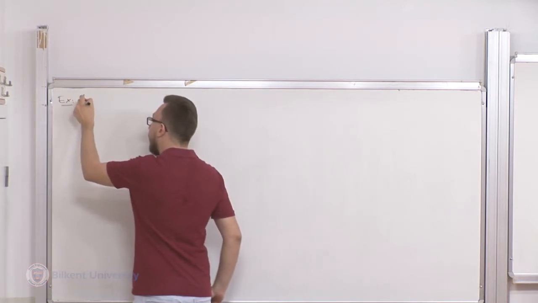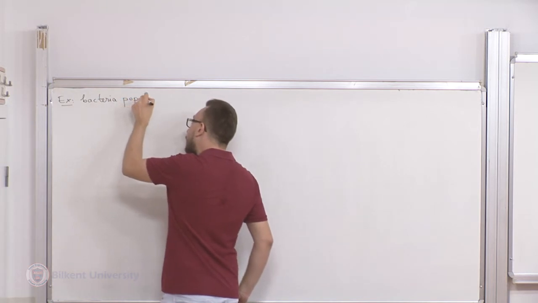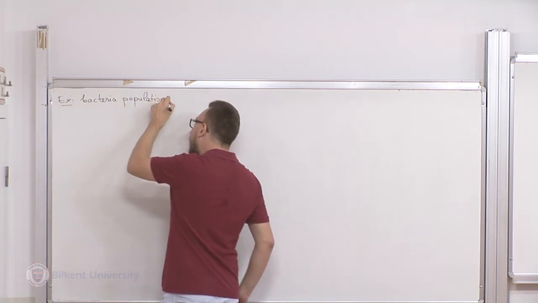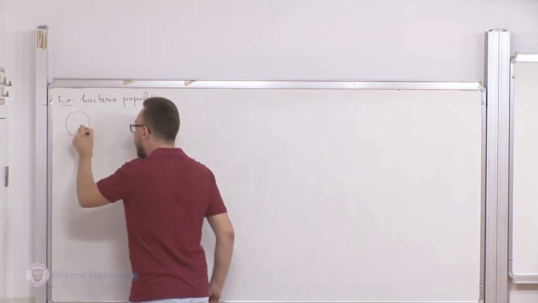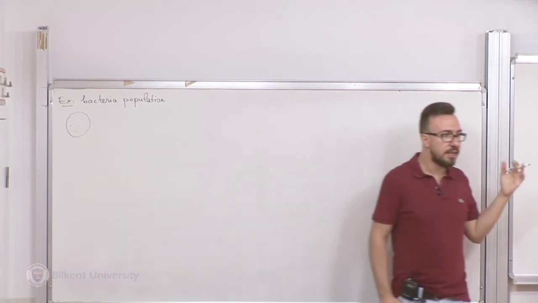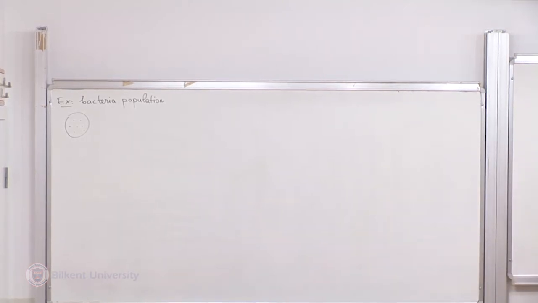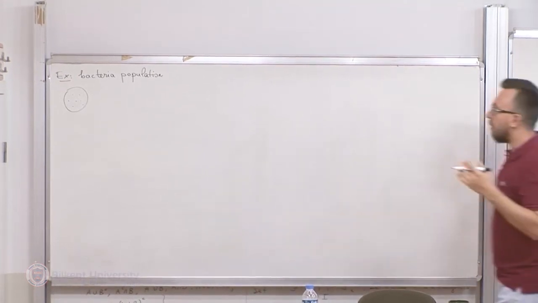So remember that we looked at bacteria populations, or just one population, in a Petri dish over a day. And your sample space in that case is Z plus because you're interested in the number of individuals in the population.